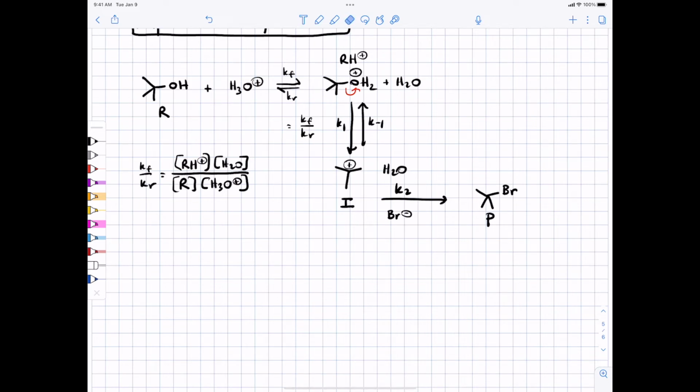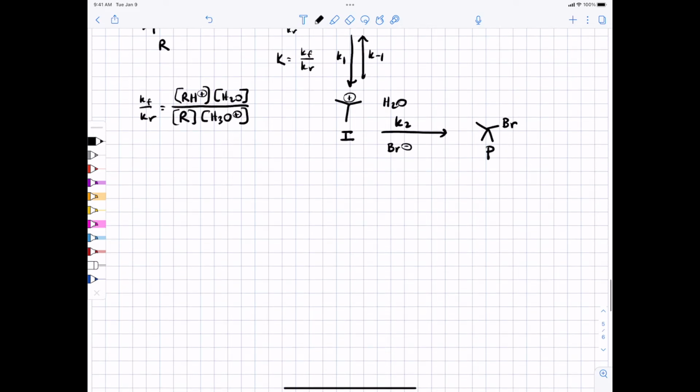We'll just call this equilibrium constant K.